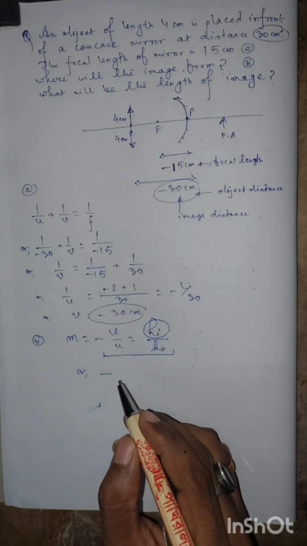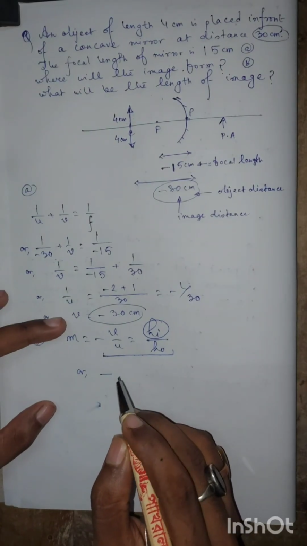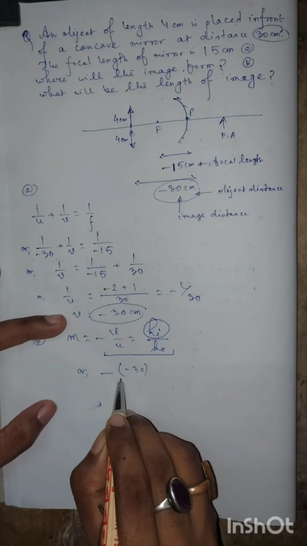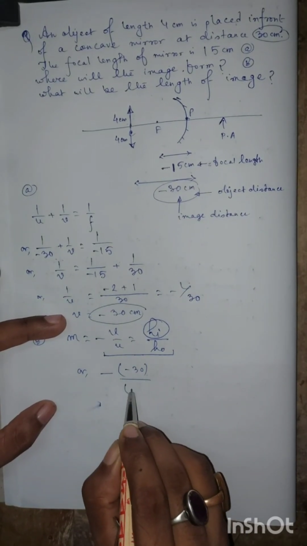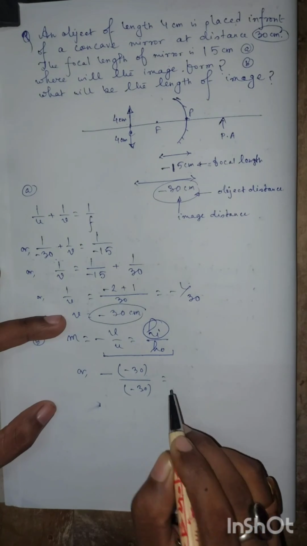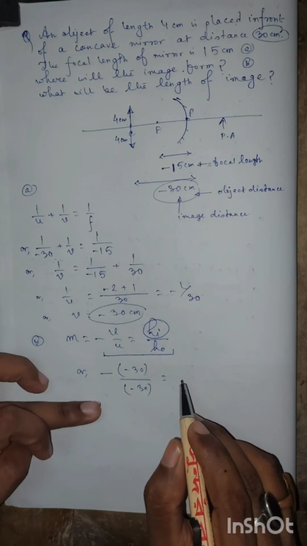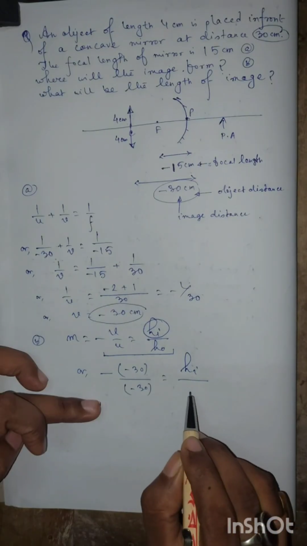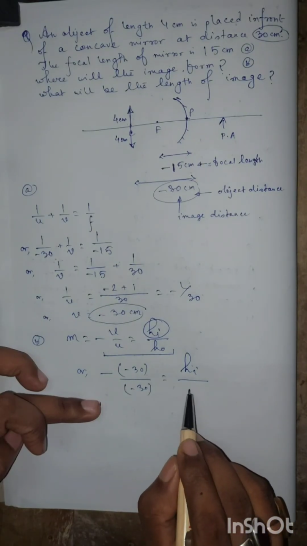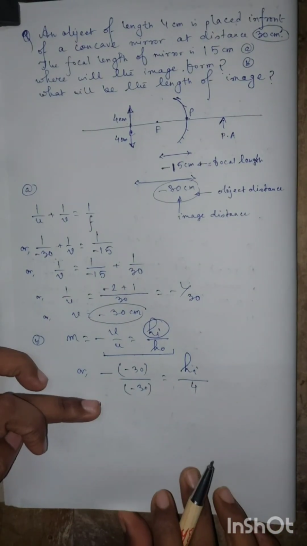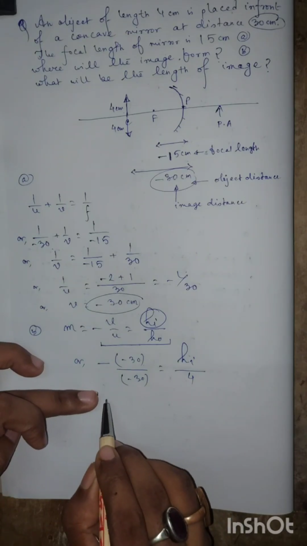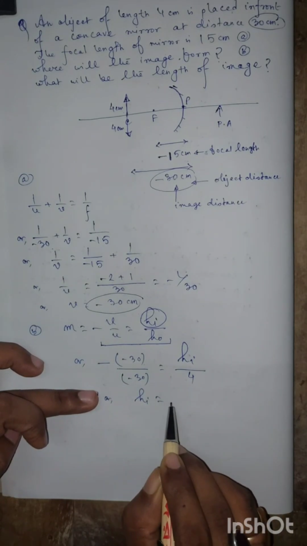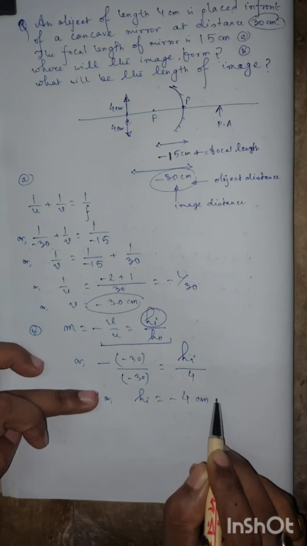Minus v, that means minus of minus 30, by u, that means minus 30, is equal to hi by ho, which is equal to 4 centimeter, or it gives us hi is equal to minus 4 centimeter.